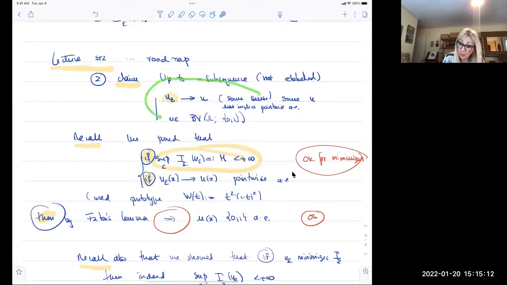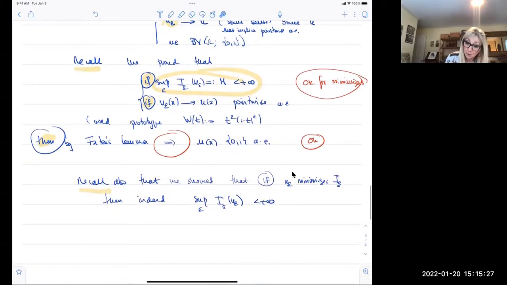We need to prove that my subsequence converges somewhere, in some sense that implies pointwise convergence almost everywhere. I already have that it's a minimizer.